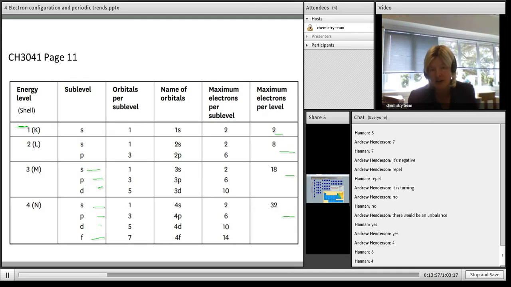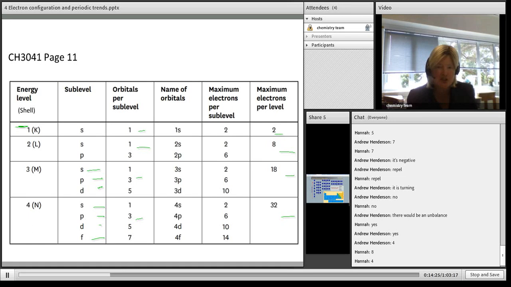And then if we work out the total number of orbitals per energy level, we've only got 1 orbital in the first energy level. We've got 4 in the second, 3 plus 1 is 4. And you'll notice we've got 9 in the third one, and we should have 16 in the fourth one.